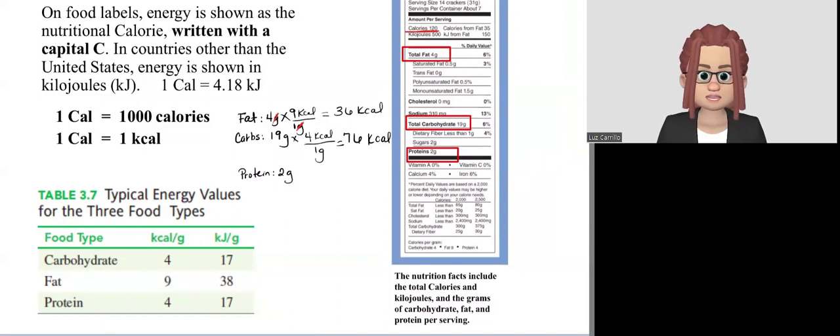And lastly, we do the calculation for the protein. For protein, we can see that every gram of protein contributes 4 kilocalories. In other words, 4 nutritional calories.